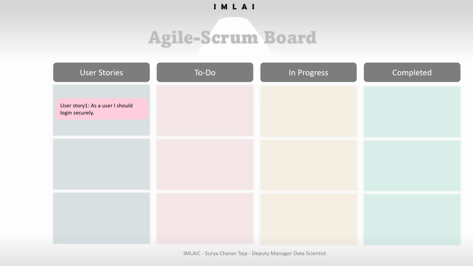Now what happens here is the product owner breaks down the overall product functionality into smaller pieces. That's where the product owner comes into the picture. So each sprint or iteration prioritizes and tackles these stories.